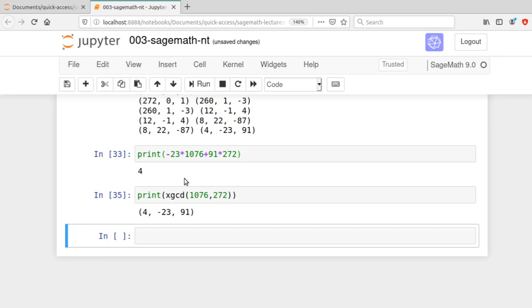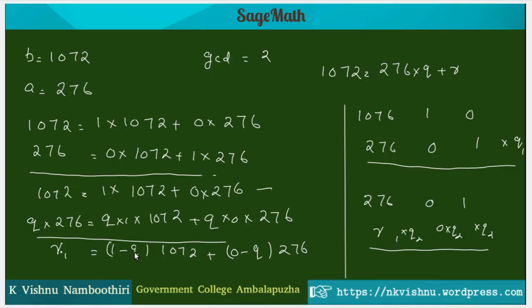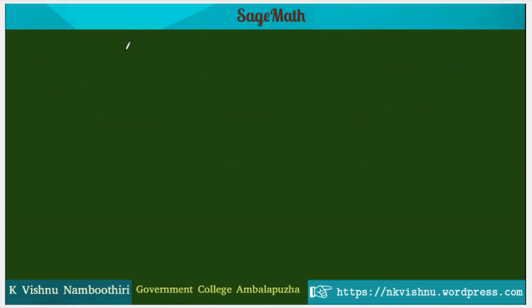Next, we are going to solve a linear Diophantine equation in two variables using the Bezout identity coefficients. To see how we are going to do that, I'm going to show my code and perform some quick computations here. So basically what we are going to do is solve the linear Diophantine equation.